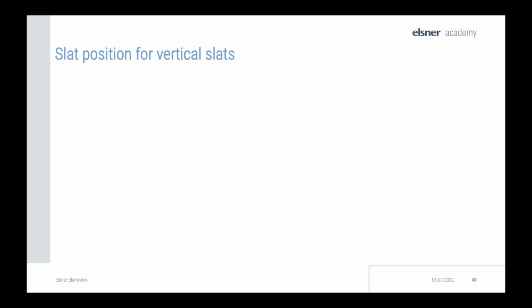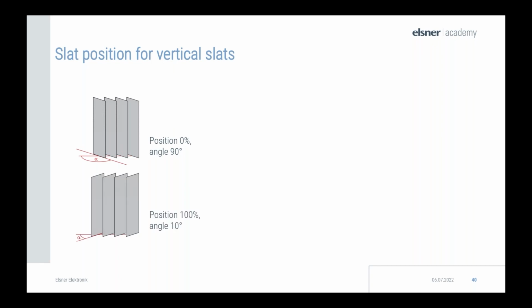Okay, next we will talk a little bit about the slat positioning for vertical slats. The possible angle at slat position 0 depends on the mechanics of the shutter and the actuator again. Shades that do not fold inward are shown in the picture on the left. Shades that fold inwards can be seen above right.